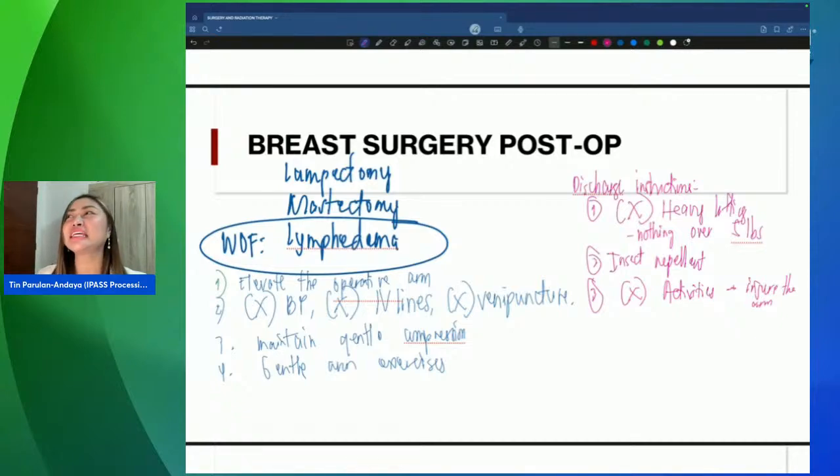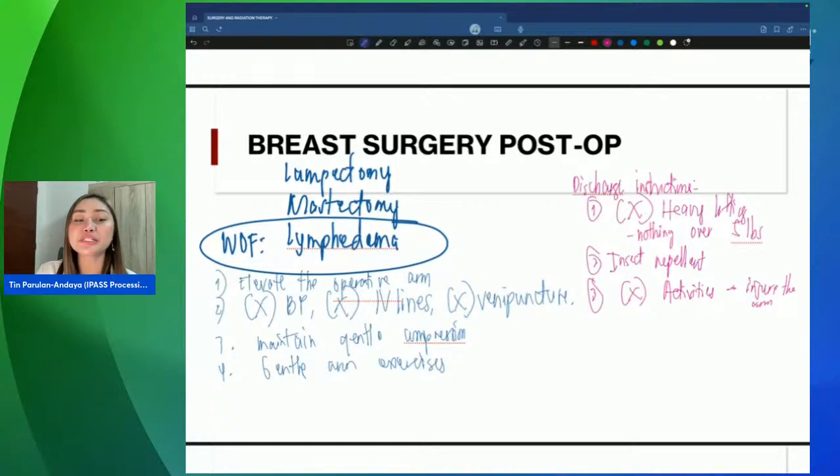Anything that reflects protecting the arm, especially the operative arm, from injury, and avoiding all procedures on that side. Take note of that one. So blood pressure taking, IV lines, venipuncture: avoid all procedures on the operative side or operative arm. So that is for your post-op breast surgery.